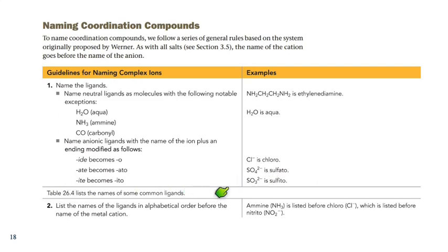The ites, like sulfite, are sulfito. Right? So we've got an ending of O there. We're going to list the names of the ligands in alphabetical order before the metal cation. So we would list amine before chloro, which would come before nitrito, because A before C before N.